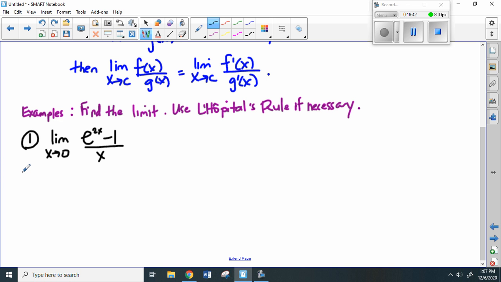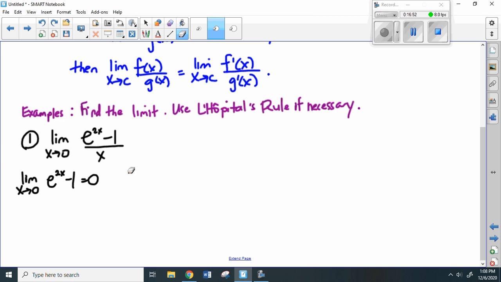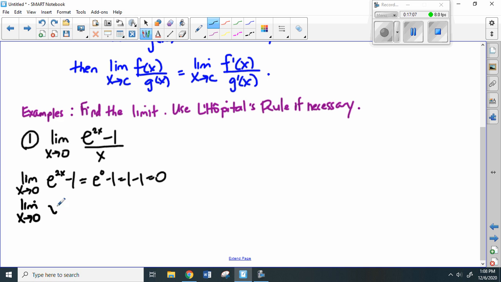You need to show that the limit as x approaches 0 of just the top equals 0. And actually, I might even take the time to show the direct substitution there just so you guys can see what I'm doing. So that would be e to the 0 minus 1, which is 1 minus 1, which is 0. And then I'm going to show that the limit of the bottom function also equals 0.